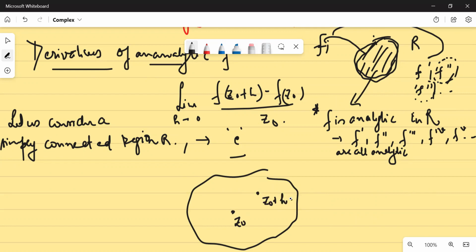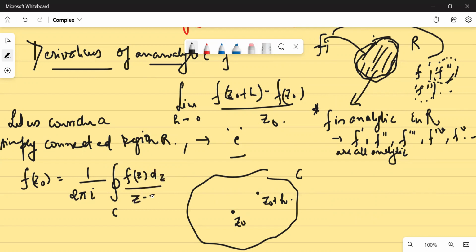So what will be the value of the function at z equal to z naught? That you already know. It is equal to 1 upon 2 pi iota integral over C of f(z)... I think I'm not wrong. This will be it.